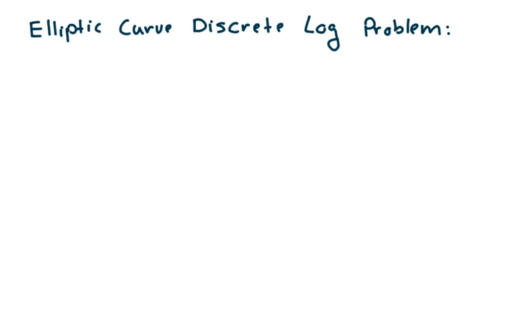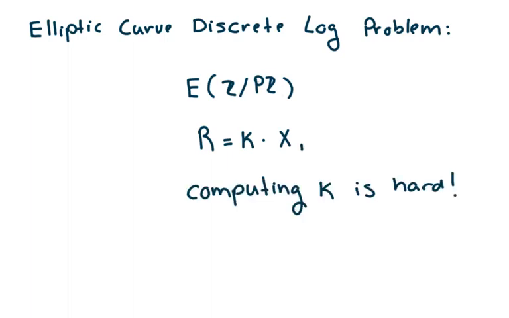And the elliptic curve discrete logarithm problem says that if an elliptic curve E is defined over the integers modulo the prime number p, or in other words, E defined over the integers modulo p, where again p is some prime number, then given some point r on the elliptic curve, and knowing that r is the product of some integer k and another point x on the elliptic curve, then computing k is hard. And again, this is the basis of elliptic curve cryptography. This is what makes it reliable and able to be trusted.